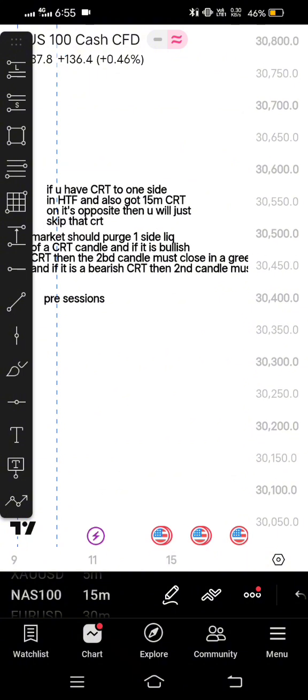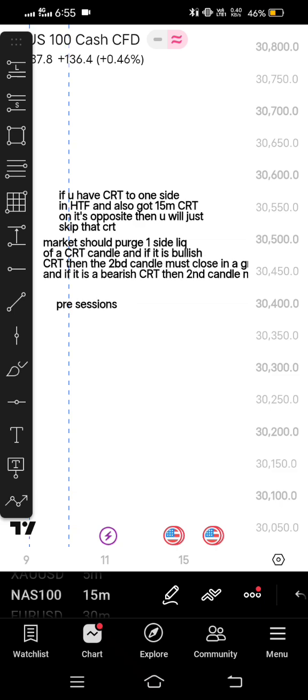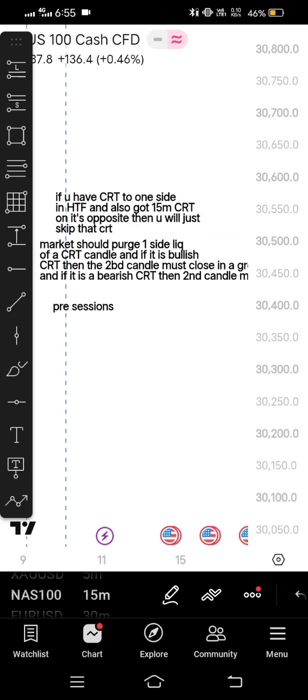Always trade high liquidity sessions. For example, trade the New York session, only the first 2 to 3 hours of New York, and trade only the first 2 hours of London, which is the London open kill zone, and trade the Asian session like the Asia open kill zone, the first 3 hours of the Asia session.